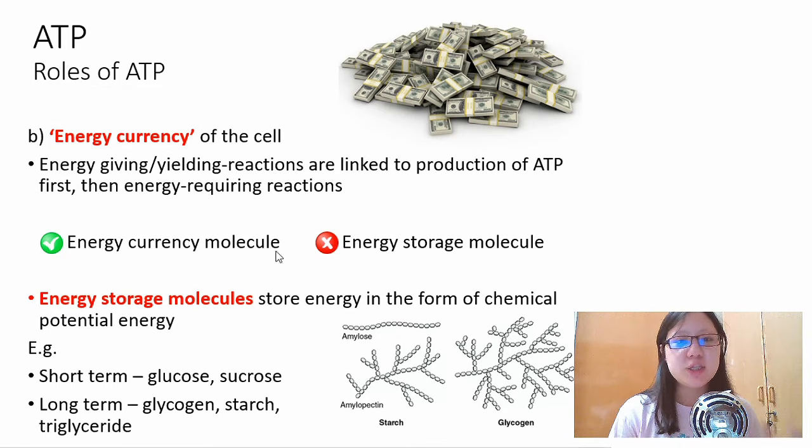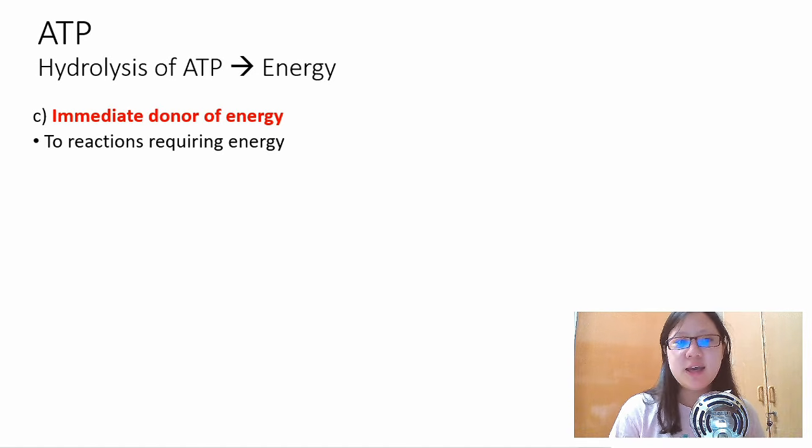But ATP is not an energy storage molecule. It does not do this. It is a currency. It's very quickly formed and very quickly used, which brings me to my next point. It is an immediate donor of energy to reactions requiring energy. The presence of ATP makes transactions, so to speak, really quick because ATP is always available very nearby in the environment.